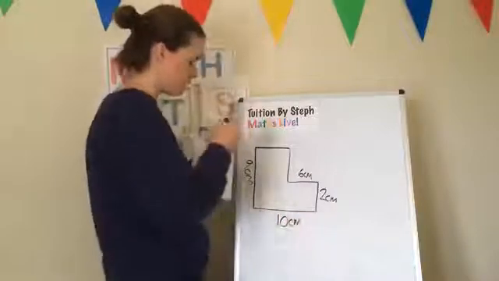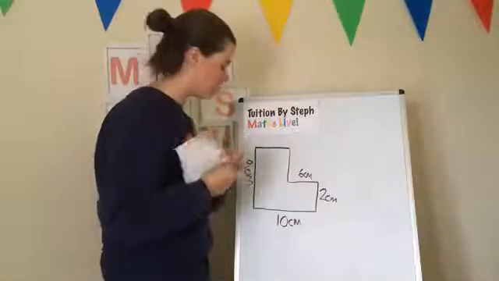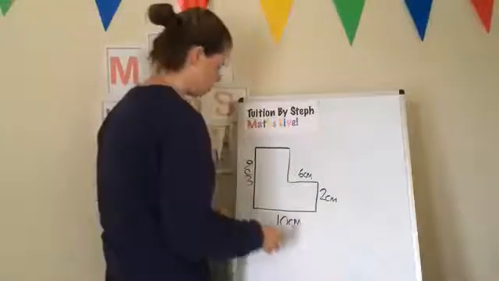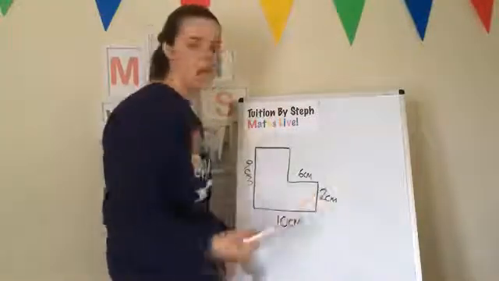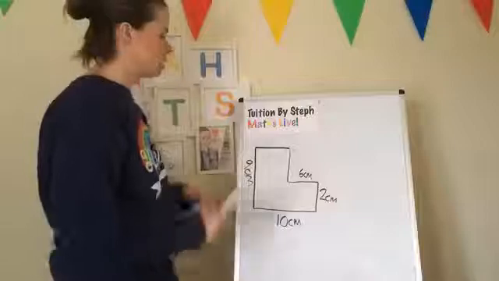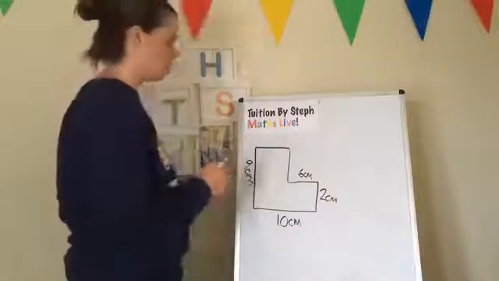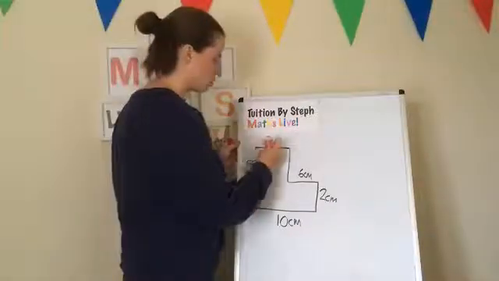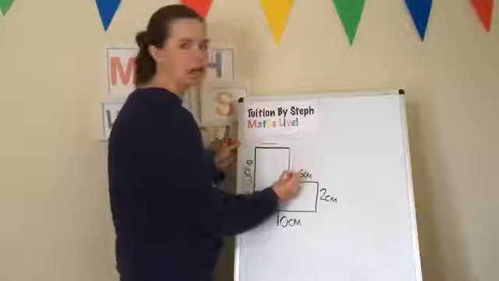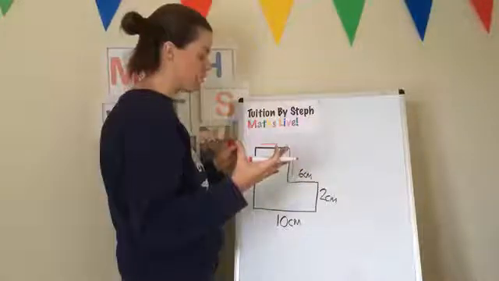Okay, the perimeter is the distance around the outside of the shape. So you might think, well, here's the distances, I'll add them up, that's the perimeter. Not as simple as that though, because you might notice we've got 2 sides missing. So we can't find the full perimeter yet.